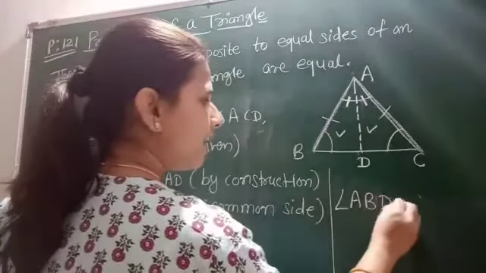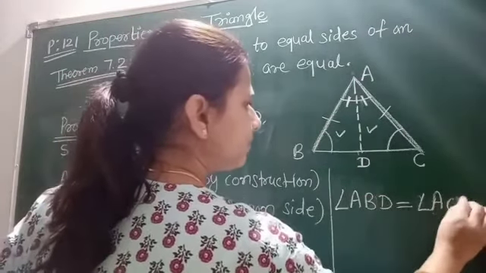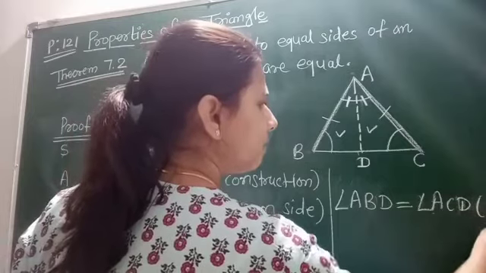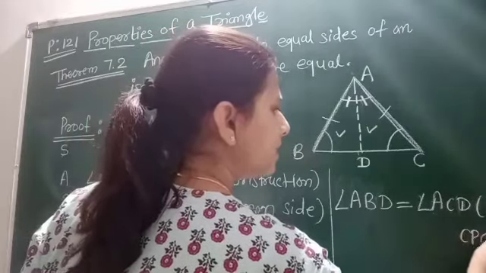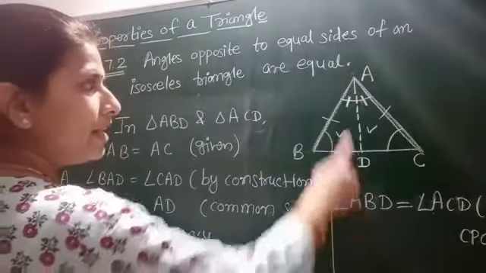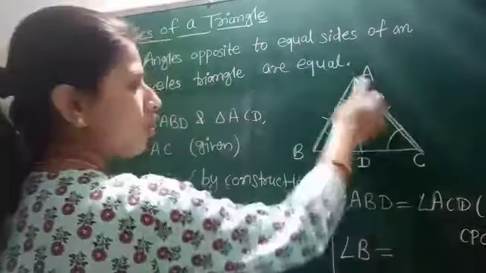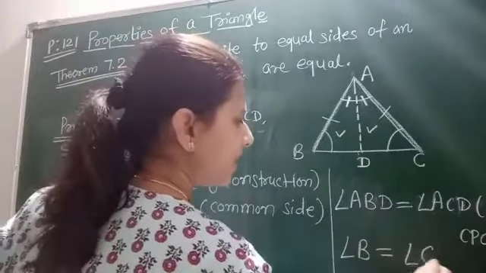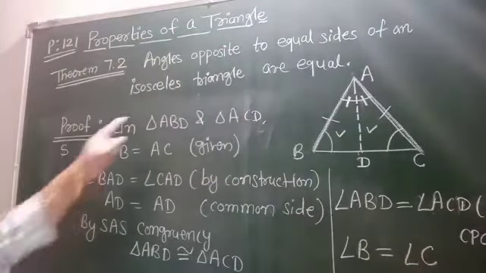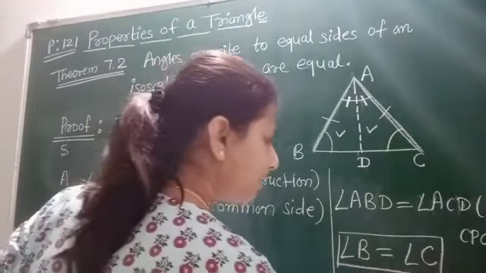Angle ABD equals angle ACD by CPCT. And in place of angle ABD we can directly write angle B, and in place of angle ACD we can directly write angle C. So we proved this, hence proved.